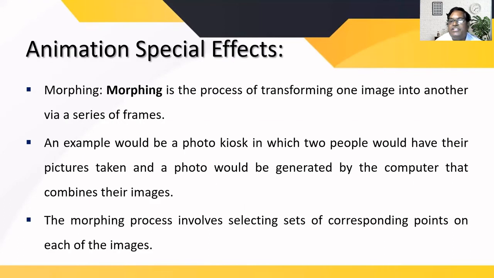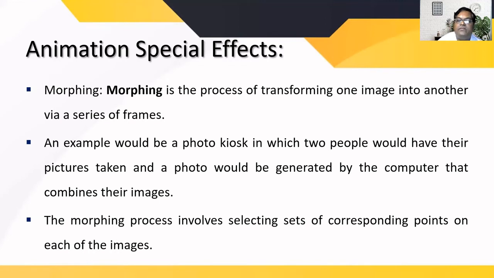And in animation, we have some special effects. In special effects, we have an animation called morphing. Morphing is the process of transforming one image into another via a series of frames.